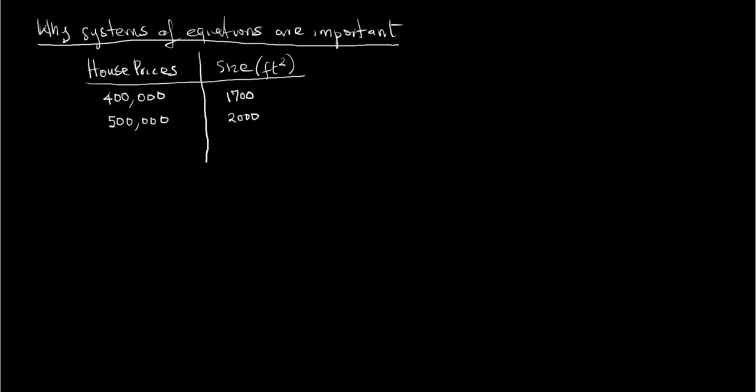So if we know this, you can see that it's very easy to say, okay, there's a good chance that this could have a linear relationship. So if we plot a simple graph of the house price and the size of the house, we can quickly see that if we have 1,700, we could have a point here which is about 400.